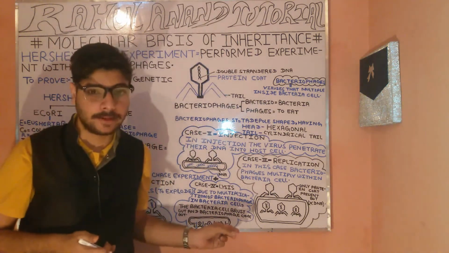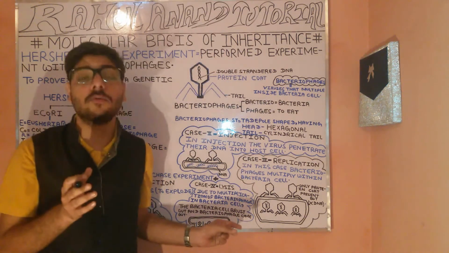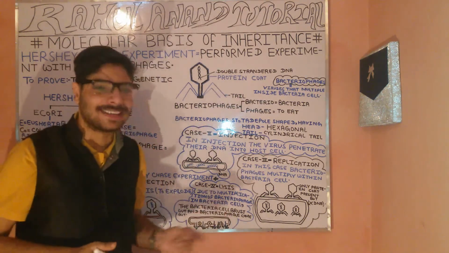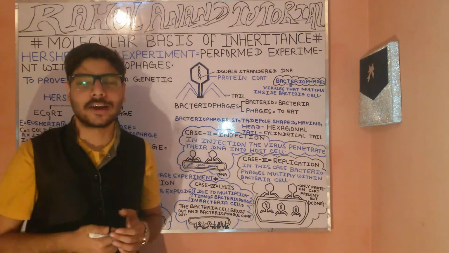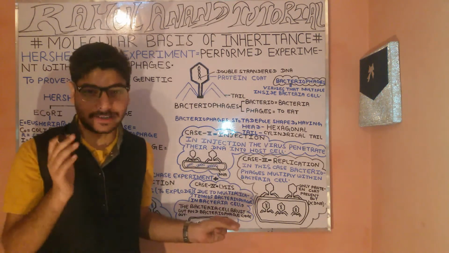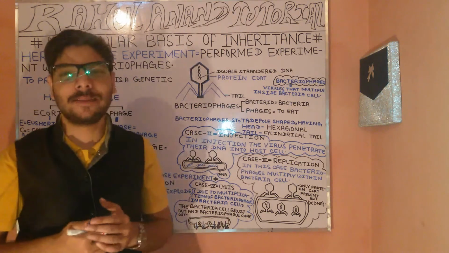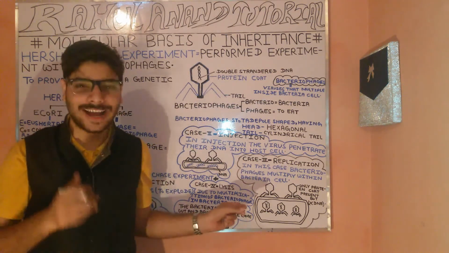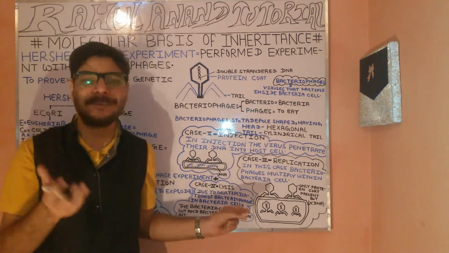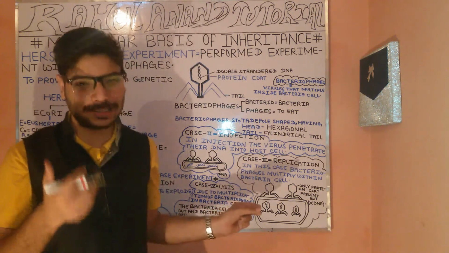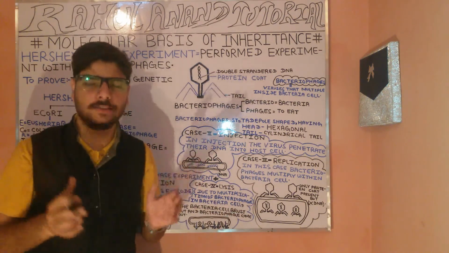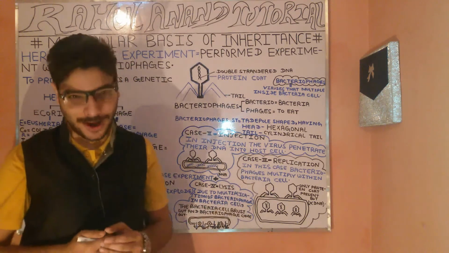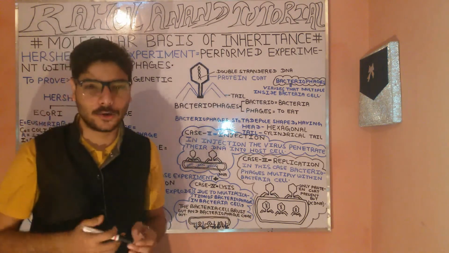So in this case, what will happen? Due to the multiplication of the bacteriophage, or rather the viral cells, inside the host bacterial cell, a bulky amount of bacteriophage will be present inside the host cell, and it will start to exert a great amount of pressure or force on the wall of the host cell.